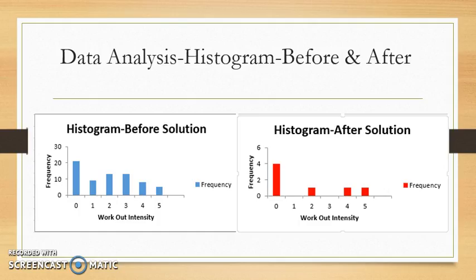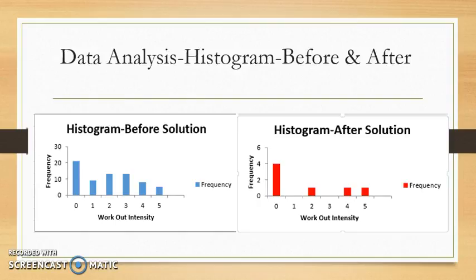And then the next set of charts I put together were a couple of histograms, and this really shows the validity of the solution that we put into place for the improvement. First, we have a histogram before the solution is in place, and you can see the frequency of intensities again, a lot of zeros, and a decent amount in that 2 to 5 range.